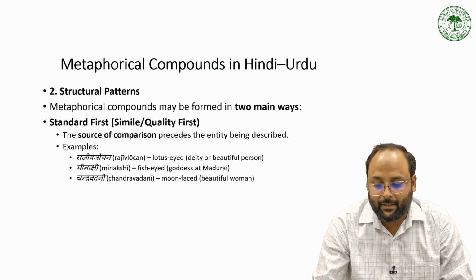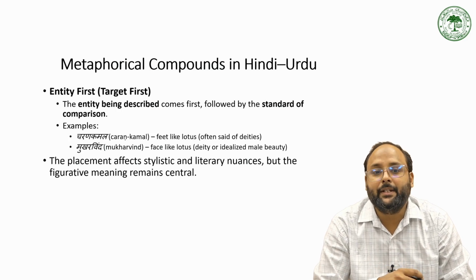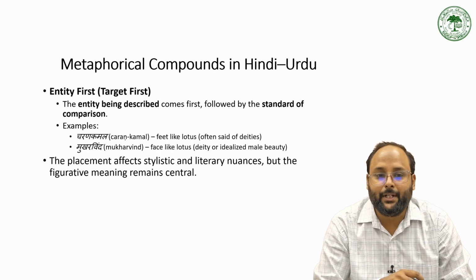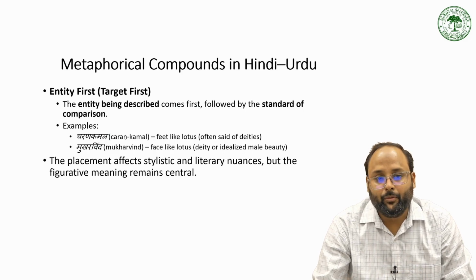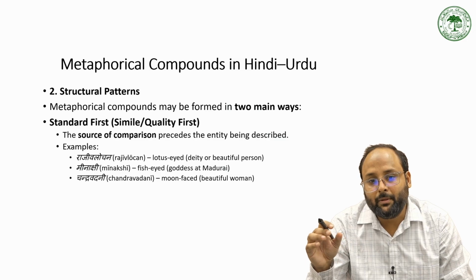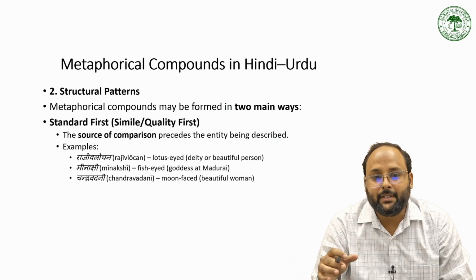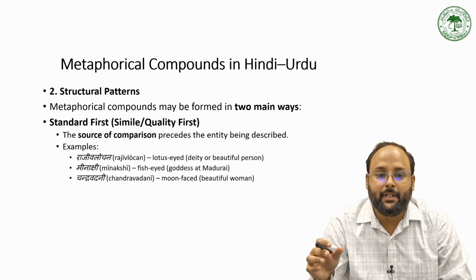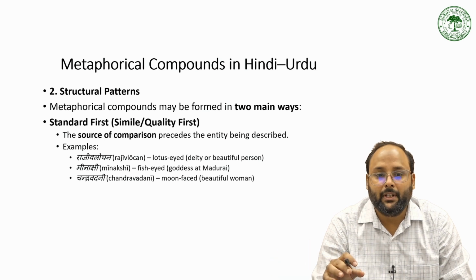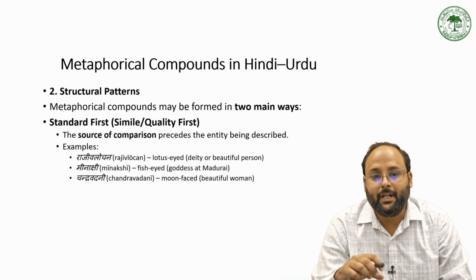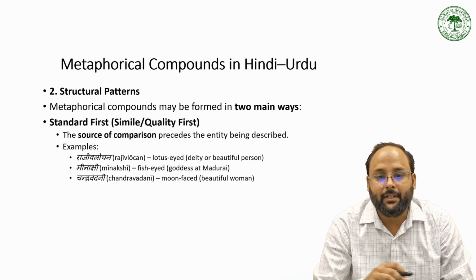The other is entity first, where the entity being described comes first, followed by the standard of comparison. For example in Rajiv Lochan, we describe the comparison by the Lochan for the Rajiv. We have another example like Meenakshi, fish-eyed, Chandravadini, moon-faced.